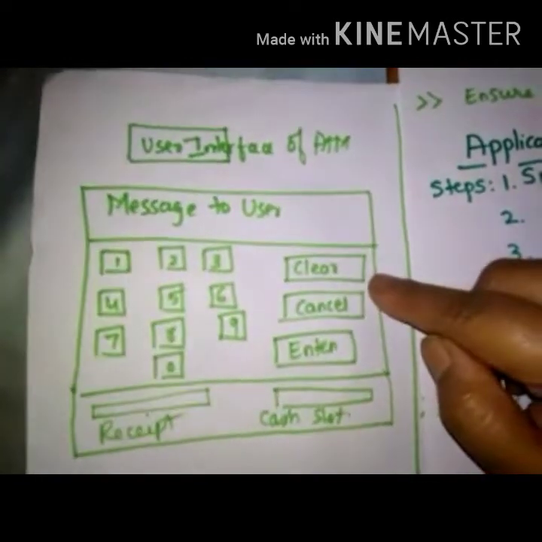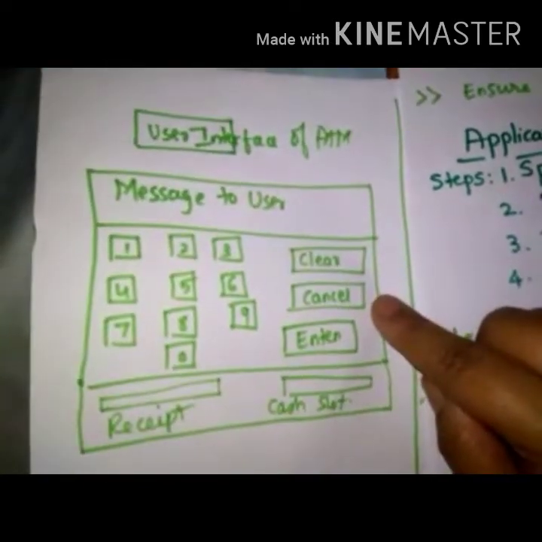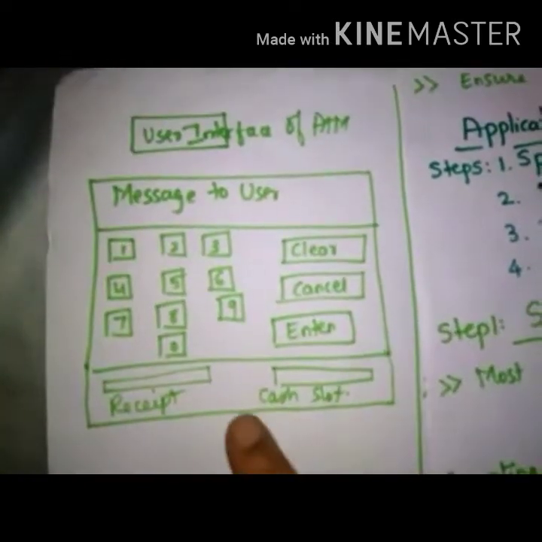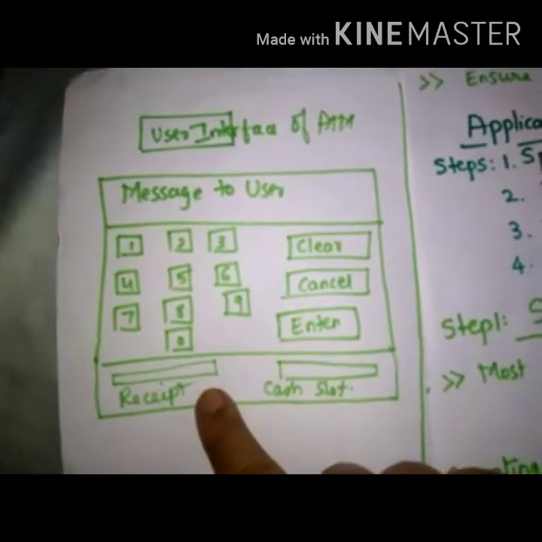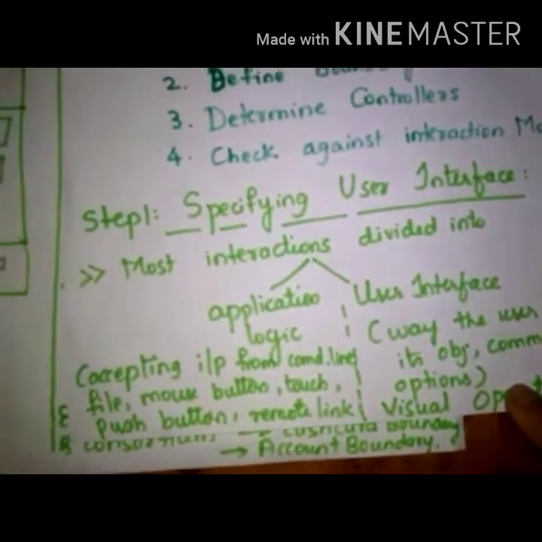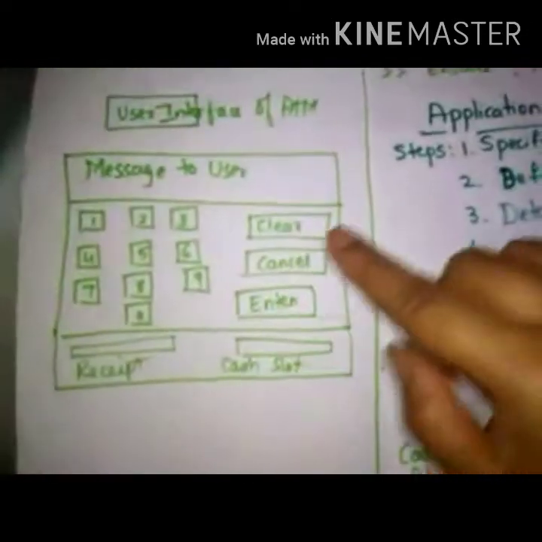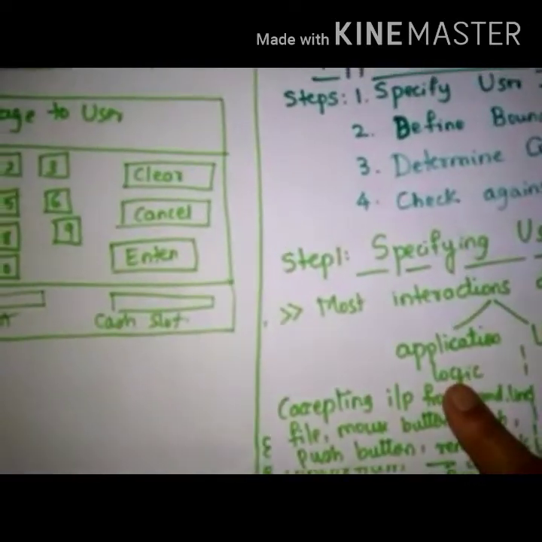So whenever he presses the clear button, what has to be done? When he presses the cancel, what has to be done? And where are you receiving the cash, and where you will get the printed slip, right? So these are about the user interface, the visualization. Next is, when you click this one, what has to happen in the background? It comes in the application logic.